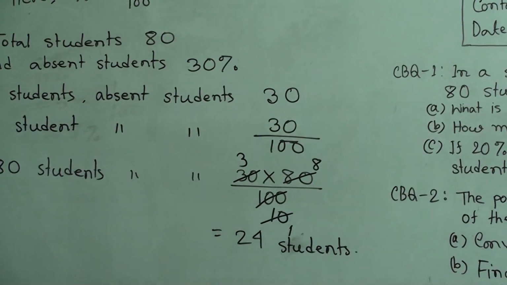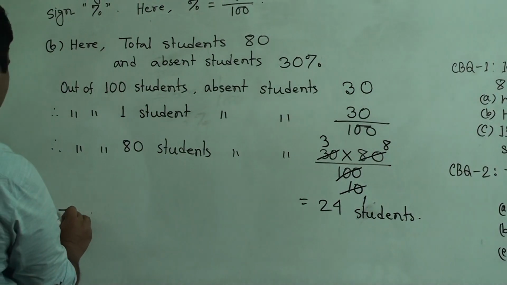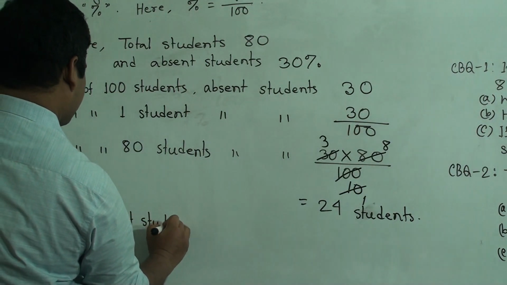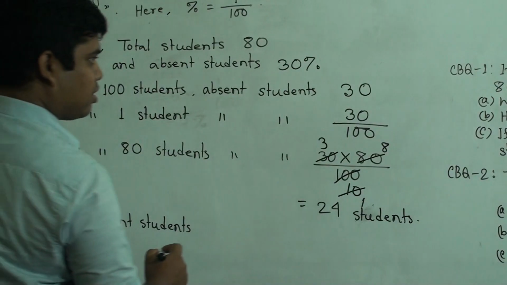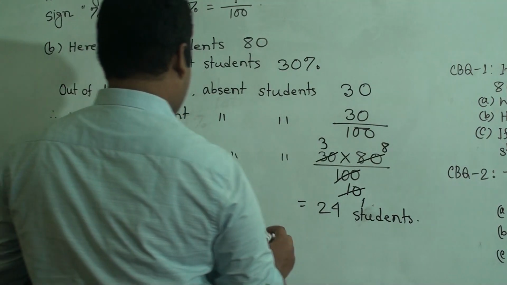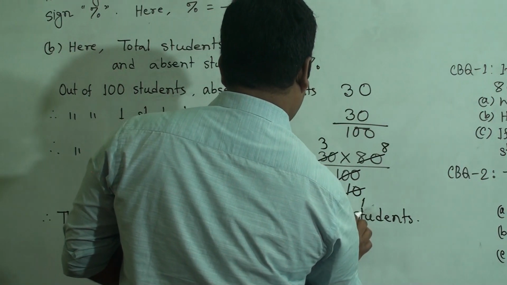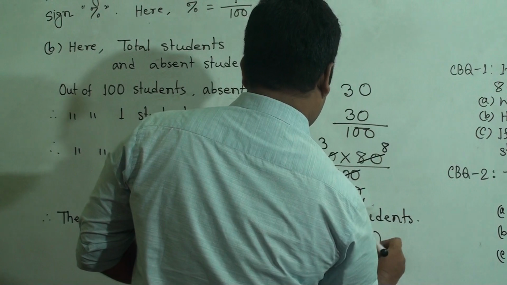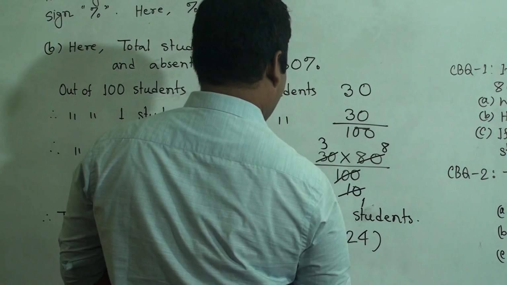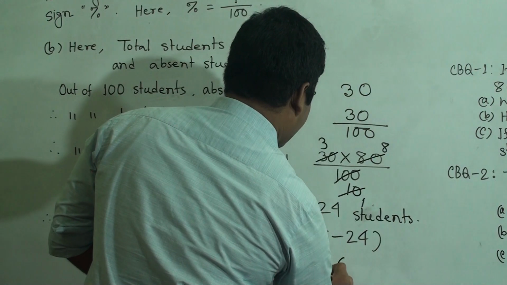Now we find out the students who are present on that day. So now write the present students on Sunday is, we subtract these 24 from 80, and we get 4 from 10, it is 6, carrying 1, that one is added with 2 and it will be 3, 3 from 8, it will be 5, so 56.